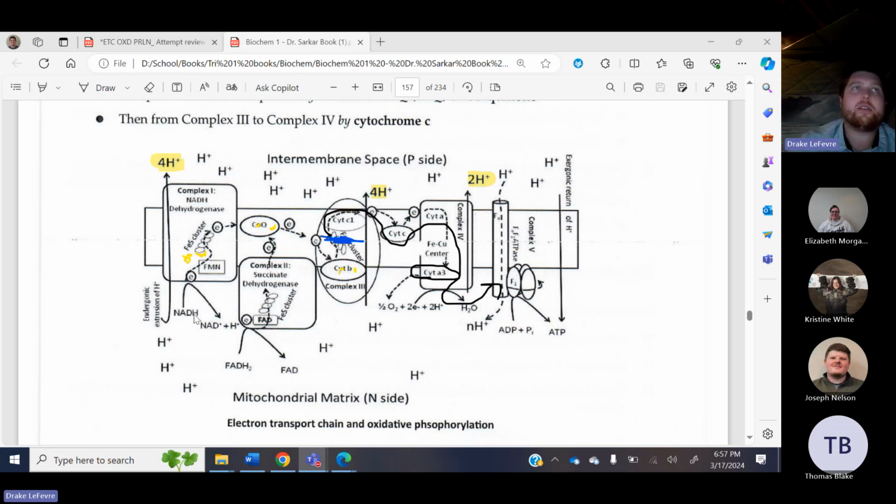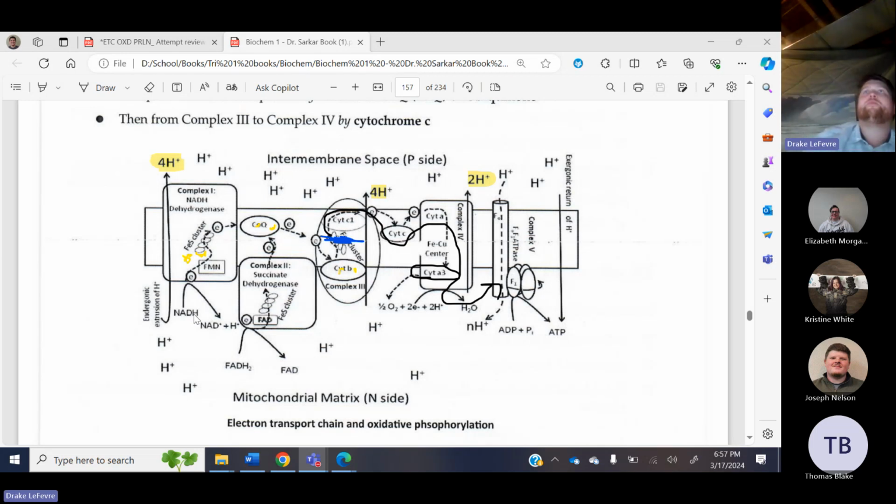If we think way back to when we were talking about oxidation and reduction reactions, when an H gets put onto something, the electrons are coming with that H. We are using the hydrogen bonding with the electron and attaching it there in order to transport the electron.